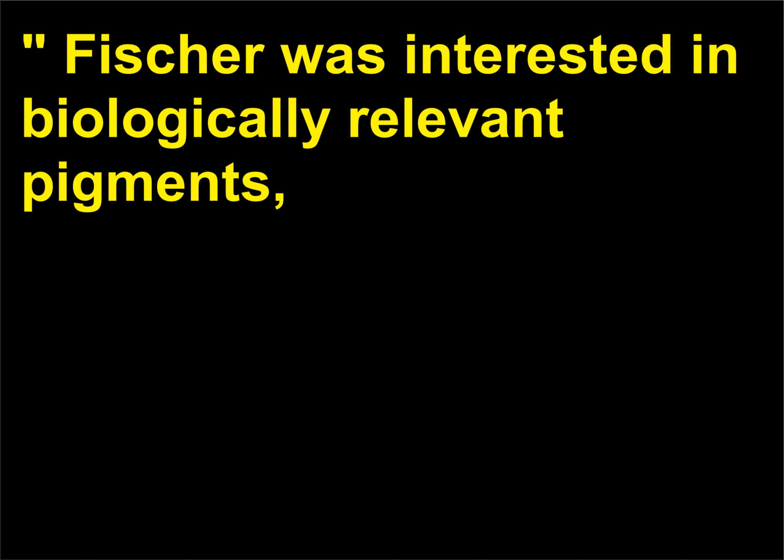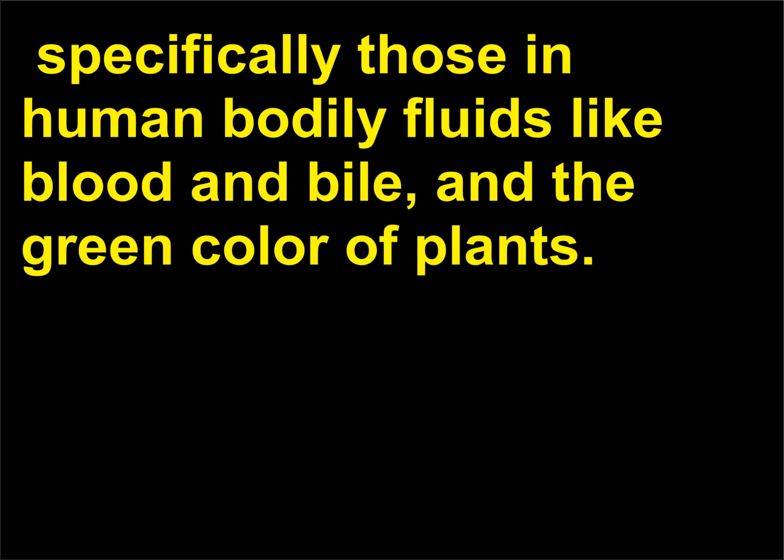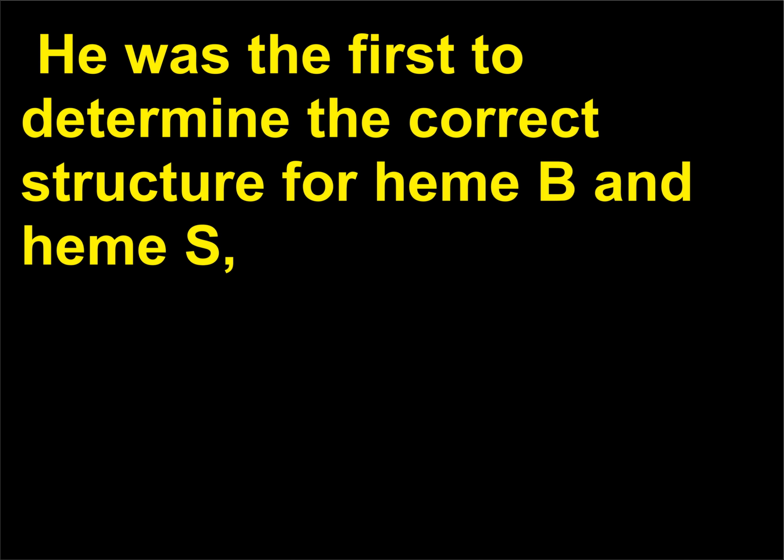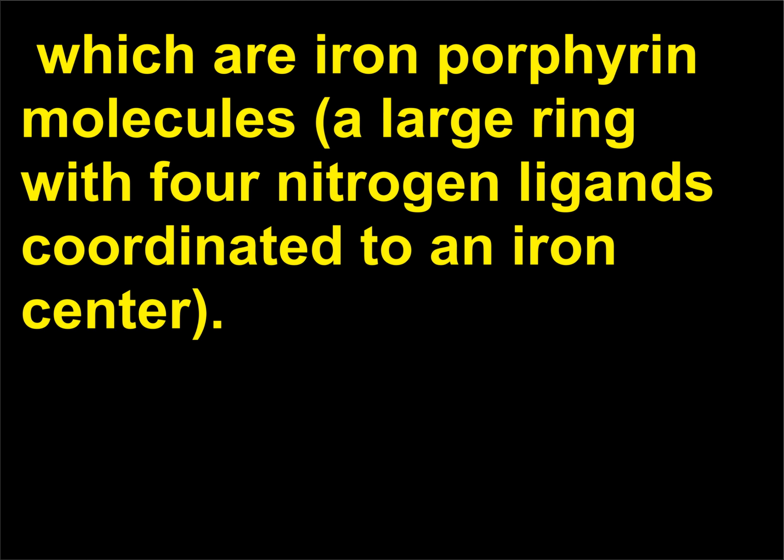Fischer was interested in biologically relevant pigments, specifically those in human bodily fluids like blood and bile, and the green color of plants. He was the first to determine the correct structure for heme B and heme S, which are iron porphyrin molecules, a large ring with 4 nitrogen ligands coordinated to an iron center.